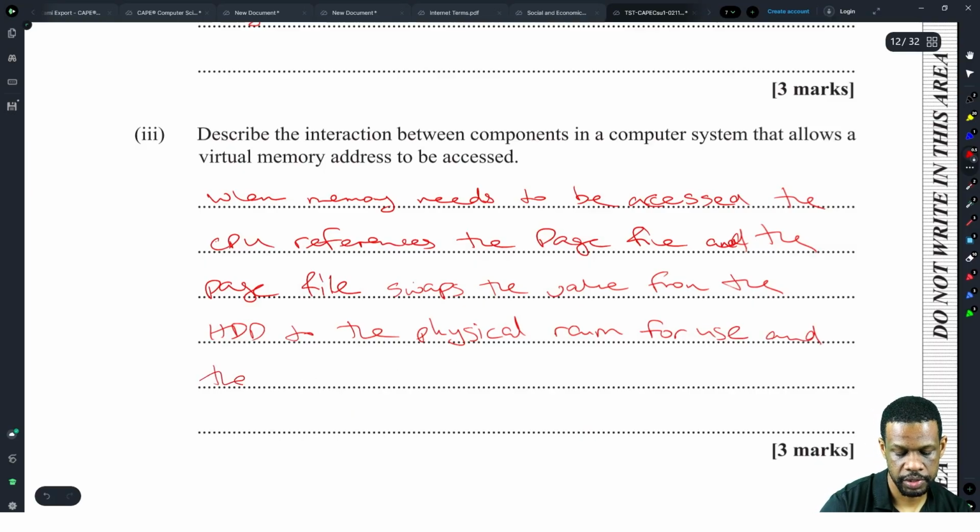And the table is updated. The page file is updated.